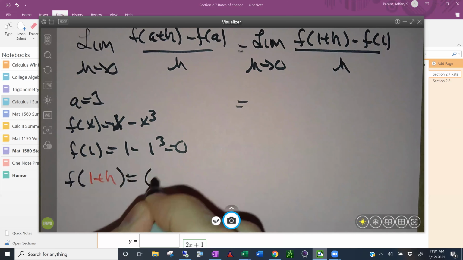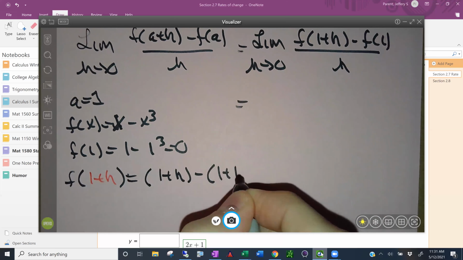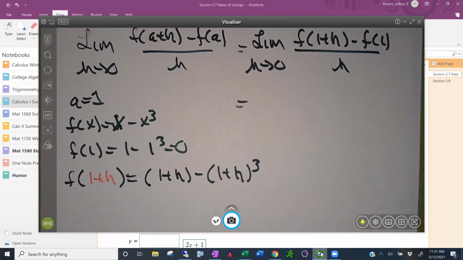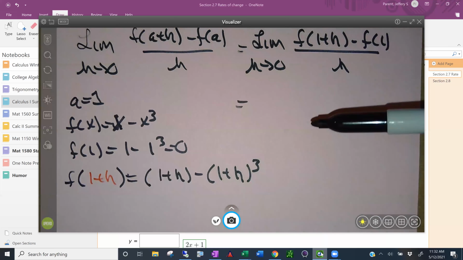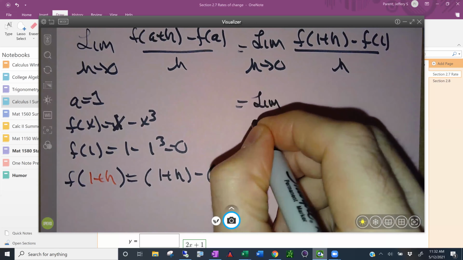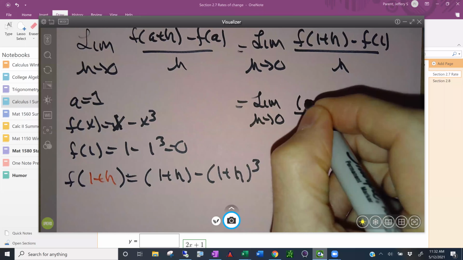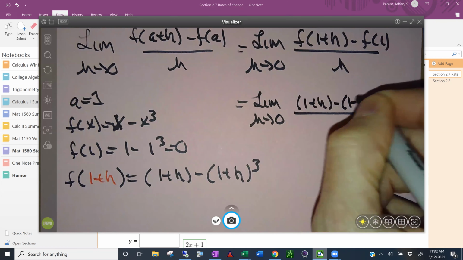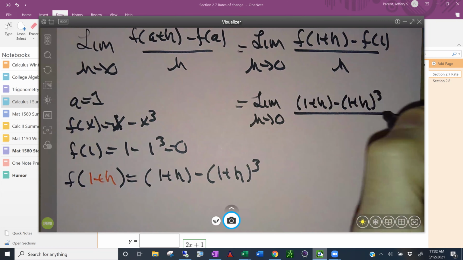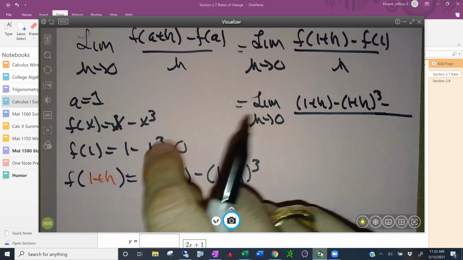It's going to give me 1 plus h minus (1 plus h) cubed. So to continue with my calculation, I'm going to fill in those things. This is going to be the limit as h approaches 0 of 1 plus h minus (1 plus h) cubed, that's my f of 1 plus h, minus 0.